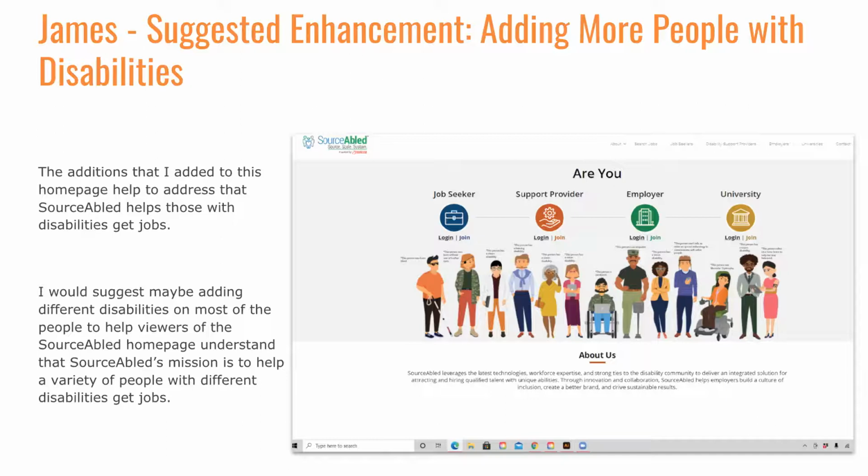For example, the guy with the green pants and hat is an amputee. And then there's a guy to the right of him in the blue shirt that can communicate through technology.